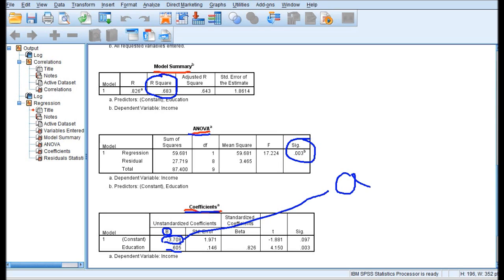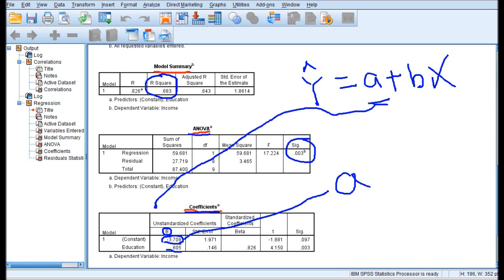Do you remember? Y hat equals A plus Bx, right? A is located right here. This is the constant in the table of coefficients.